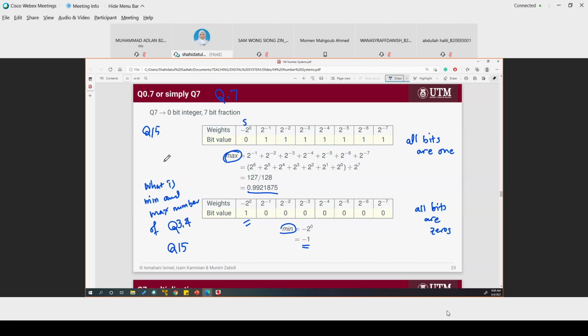I just used this formula: 2 to the power of minus 3 plus 2 to the power of minus 2, and 2 to the power of positive 2. That is for the maximum.